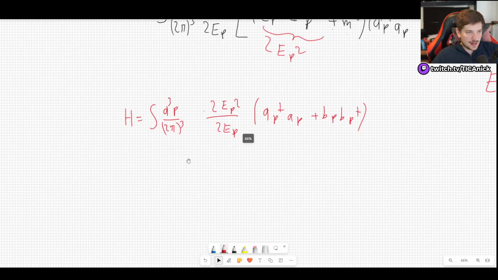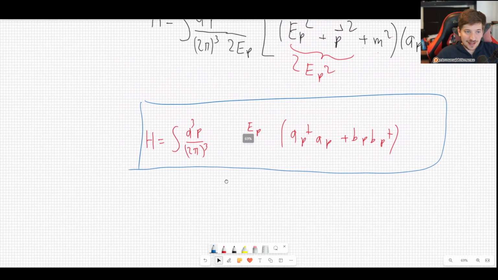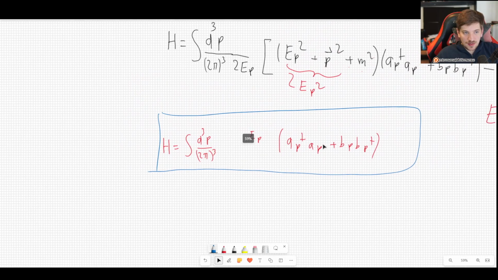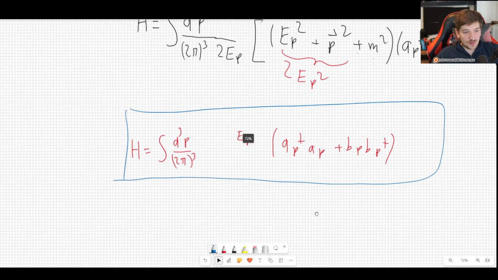Here we get a nice little cancellation, right? This and that simplifies. So we end up with just EP times that. And in principle, this is already our diagonalized Hamiltonian, which is very nice. You can see this form is similar to what you saw in the quantum harmonic oscillator. It's very similar to what we saw in the previous case for the real Klein-Gordon field.